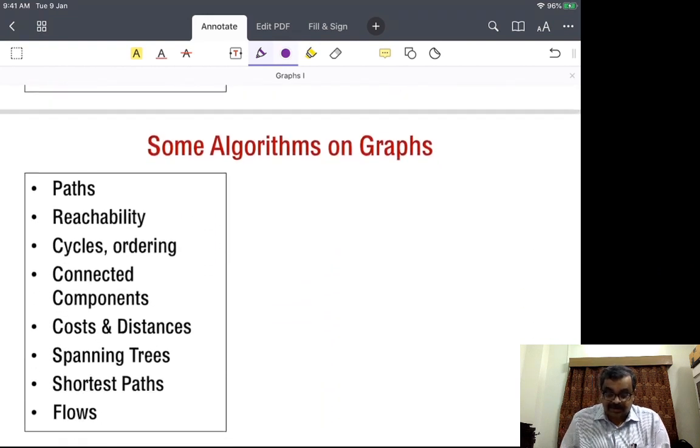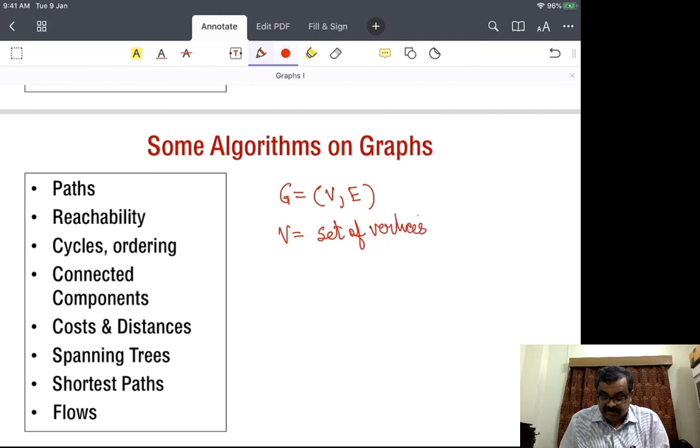So finally, to summarize, we come and summarize what we have. Graph G equal to (V, E) is the data structure where V is a set of vertices, E is a set of edges.